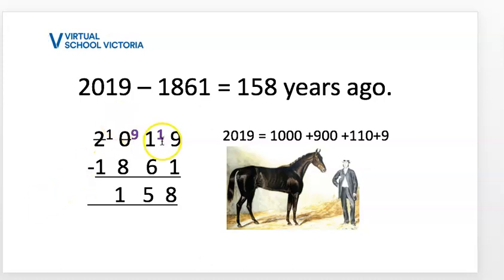You can see how we had to break down 2,000 to get 1 in the thousands column, 9 in the hundreds column, 11 in the tens column, and 9 in the ones column to get an answer of 158 years ago.